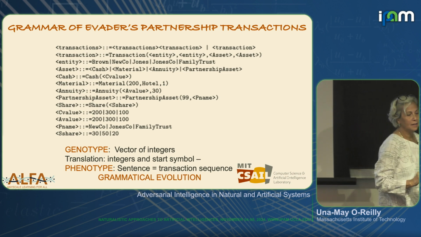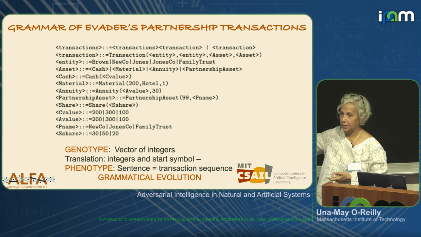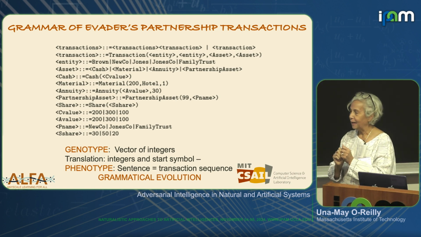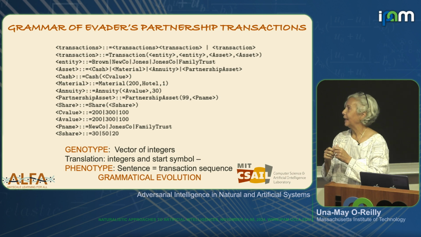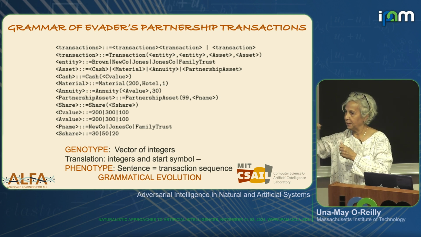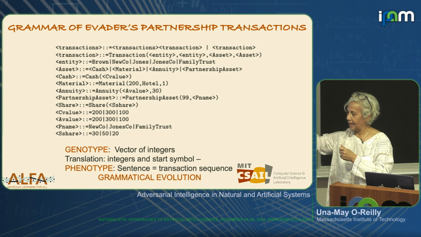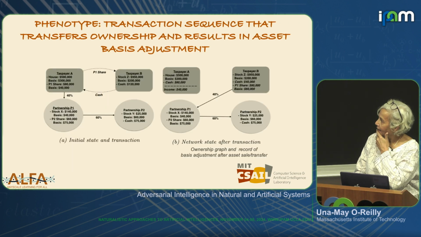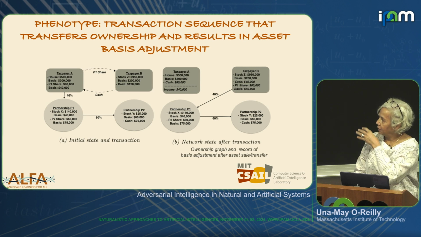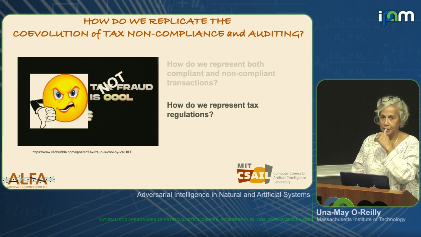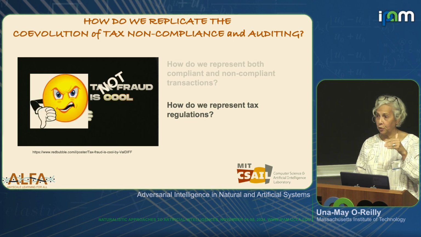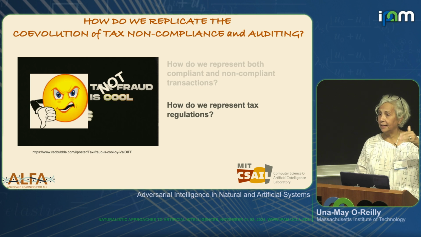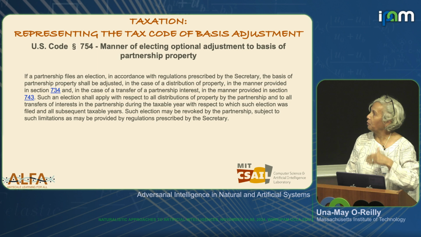And I have this all implemented so that when a transaction sequence for a vector of integers comes along, I can set up a portfolio, and then this transaction sequence takes place over the portfolio. And as the assets are changed and the partnerships are bought and sold, this network is unfolding. What I have to do at the same time is represent the tax regulations and make sure that as you walk through the sequence, if any action in the sequence triggers a tax regulation that changes the basis, we want to run it.